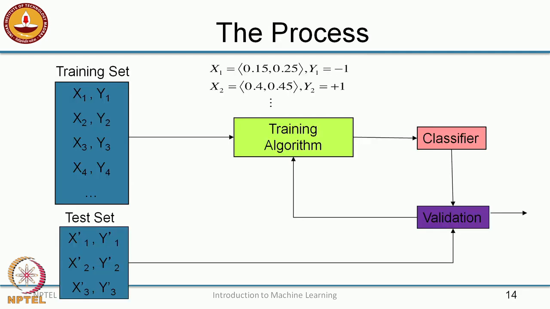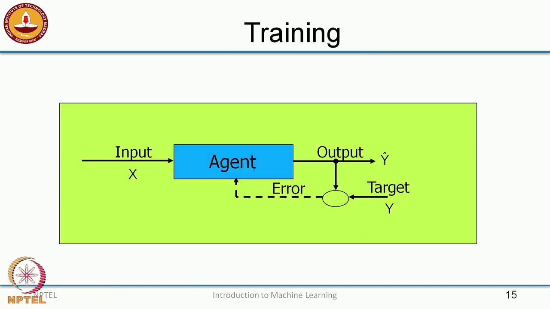So, in the training you actually have a target y, and it will compare against the target y, figure out what the error is and use the error to change the agent, so that it can produce the right output next time around. This is essentially an iterative process. So, you see the input, produce an output y hat, and then you take the target y, compare it to the y hat, figure out what the error is and use the error to change the agent again.